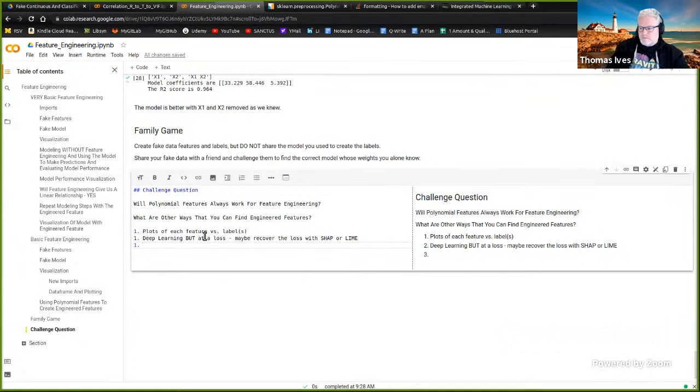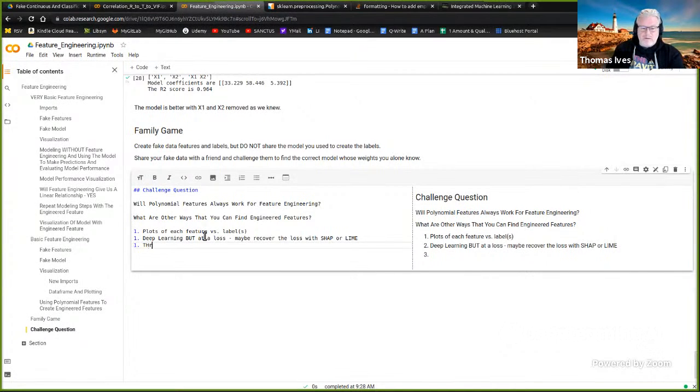But since we're throwing a lot of engineered features into our feature set with polynomial features, we can create our own group of engineered features: a lot of trigonometric functions, a lot of other algebraic functions and calculus functions. We just throw slews of stuff at it and keep experimenting and refining. But it's a long game.